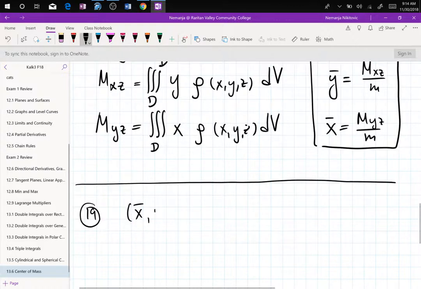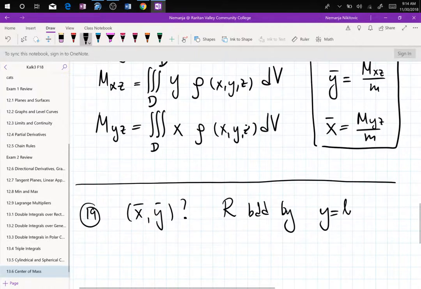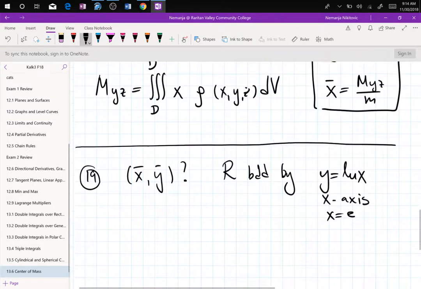So we are looking for x bar, y bar for the region R, bounded by y equals ln x, the x-axis, and x equals e. All right.